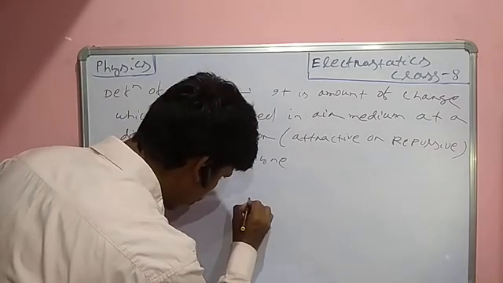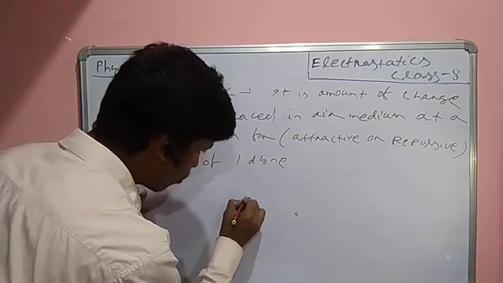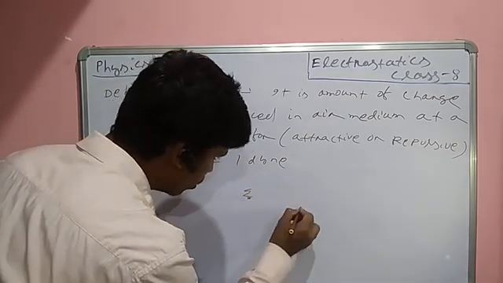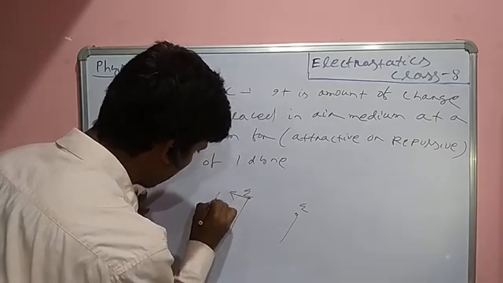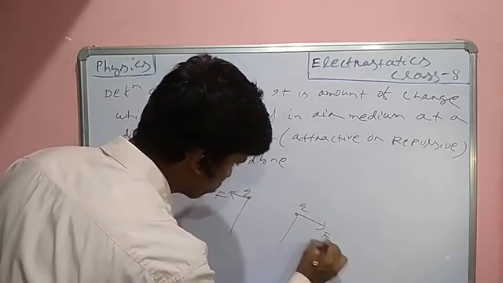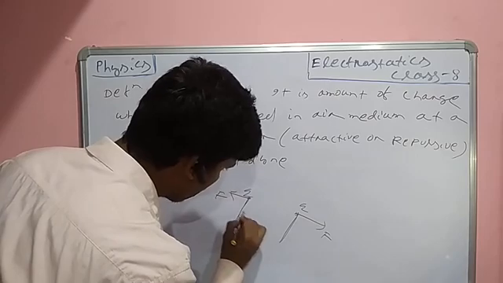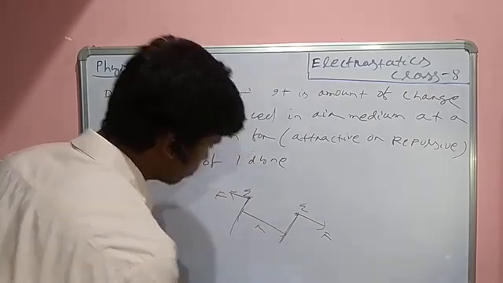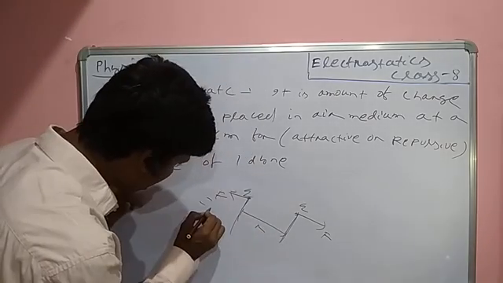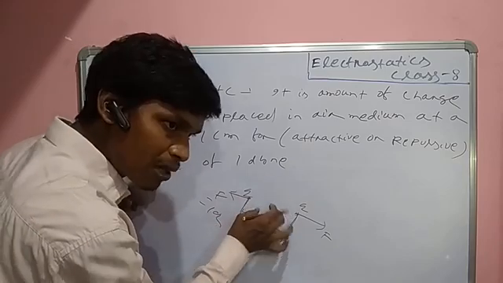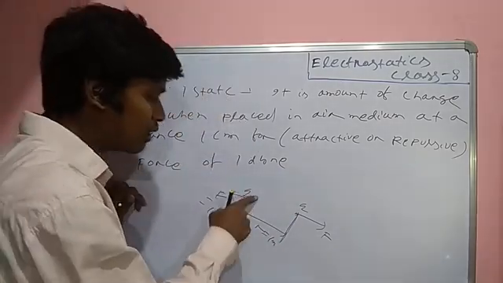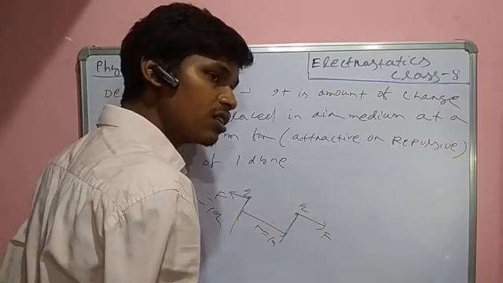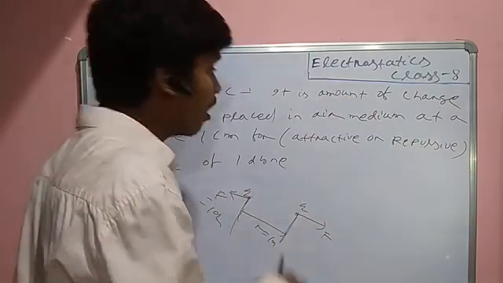That means when an unknown charge Q is present and the force is a repulsive force F, when F is equal to 1 dyne, the air medium K is equal to 1, and R is equal to 1 centimeter, then the unit of Q is the statcoulomb.